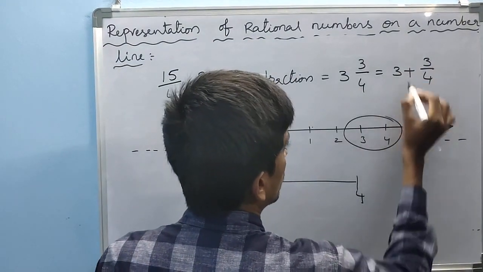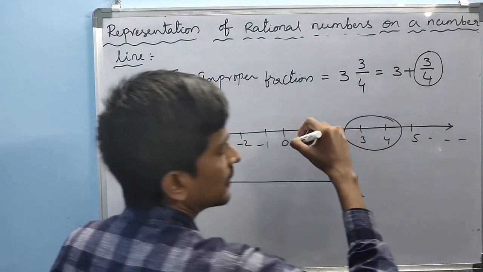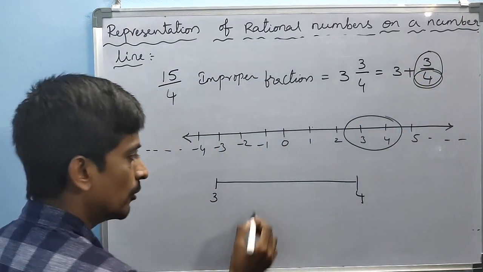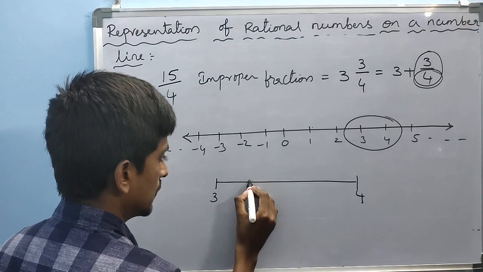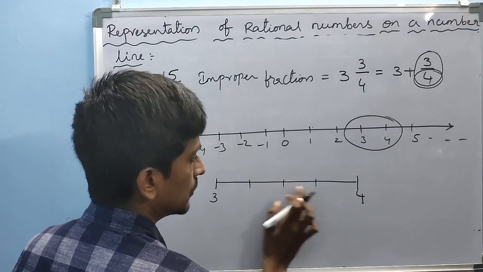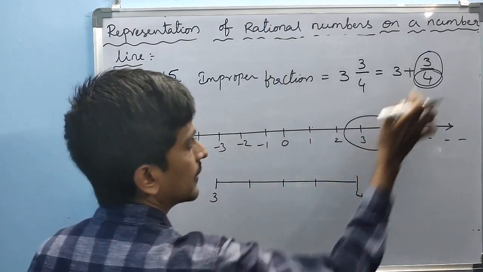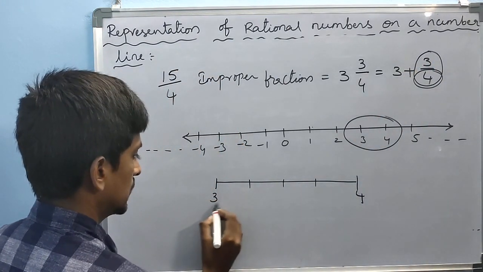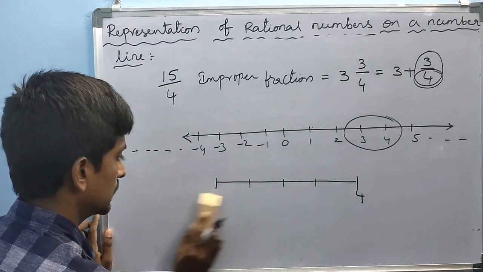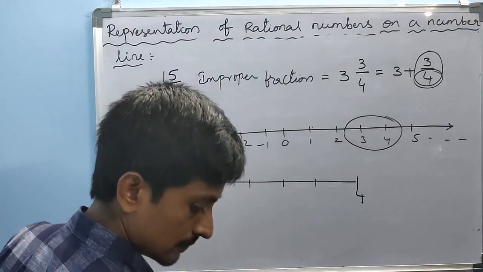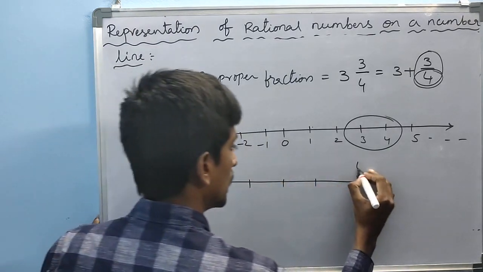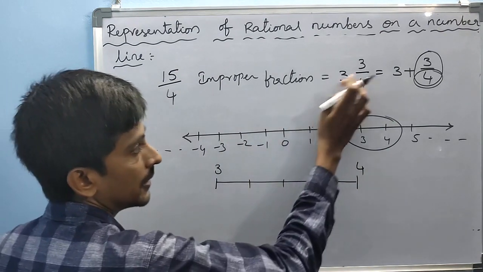So here 3 by 4 is there, so in the denominator 4 is there. So this can be divided into 4 equal parts. 1, 2, 3, 4 parts. Okay, 3 by 4.